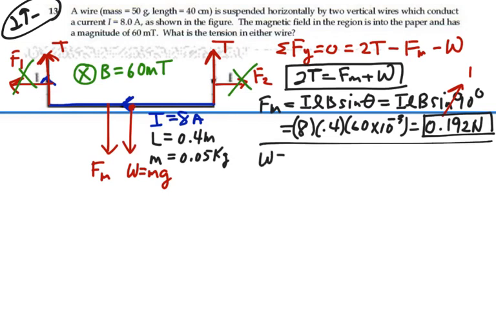The weight force is mg, and that's going to be equal to the mass, which is 0.05 kilograms, times 9.8, and that is equal to 0.49 newtons.